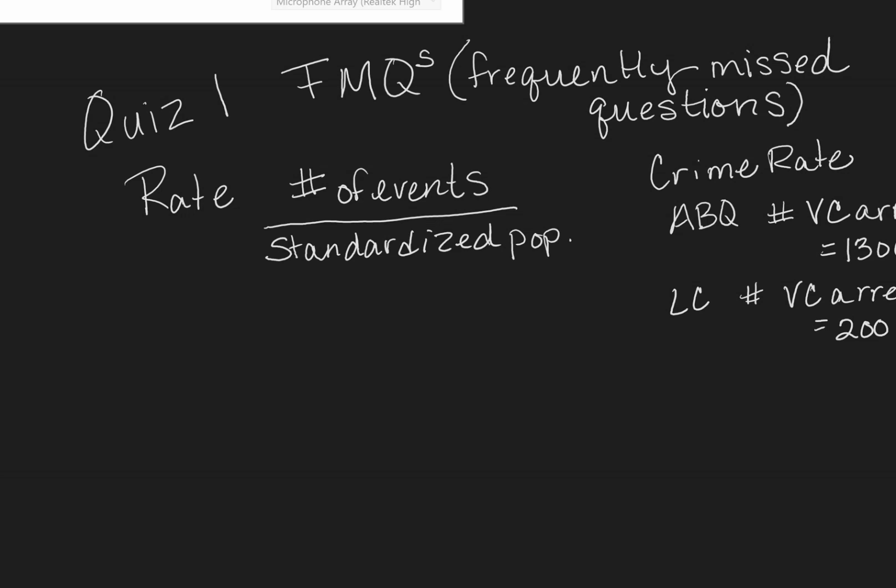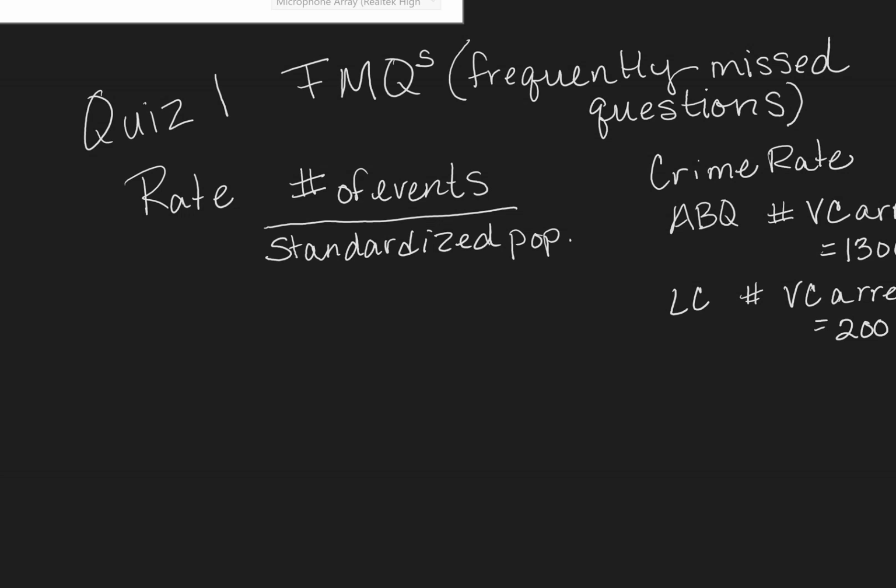Las Cruces has a much smaller population than Albuquerque. So, again making something up, we're going to do this per 10,000. In a crime rate that you see in the Uniform Crime Report or on NIBRS, you'll often see per 100,000. But given that we're looking at a smaller city compared to a mid-sized city, we'll use per 10,000 as our standardized population.